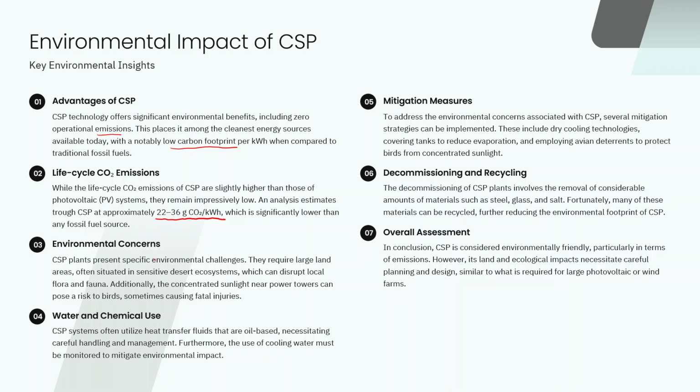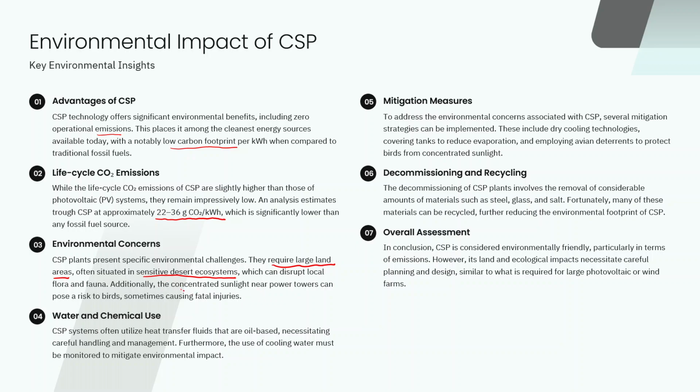So the environmental challenges with concentrated solar power are that they require very large land areas, right, which are often in sensitive desert ecosystems, and otherwise there would be damage to the larger habitats, right?